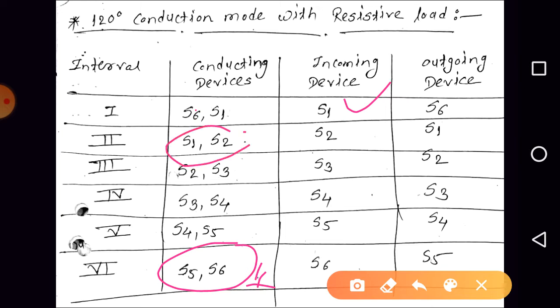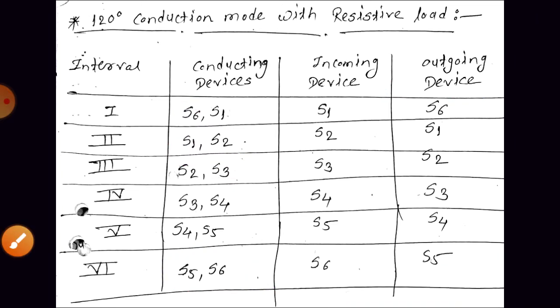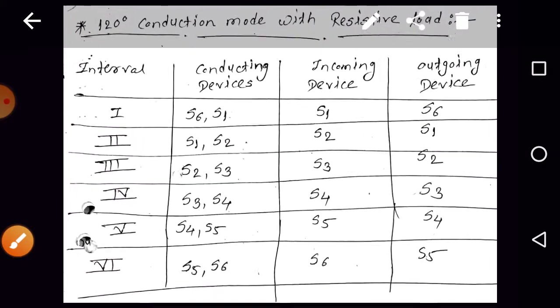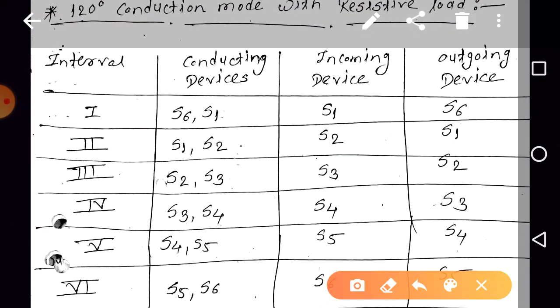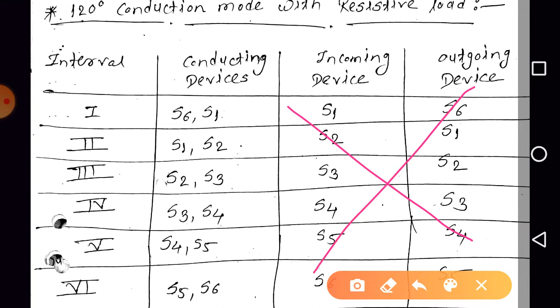Switch number 6 is present in the first interval, but in the second interval it is absent. So at the end of the first interval, switch number 6 will be the outgoing switch. Like this we have prepared the table. As long as the operation table is considered, these two columns are not that important, right?